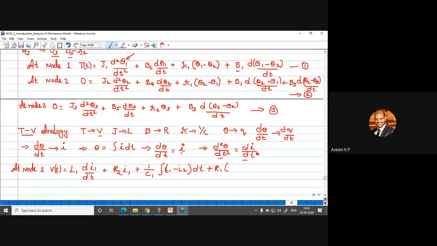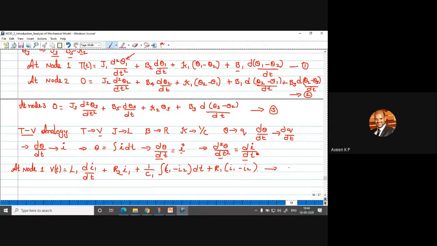Within the bracket, this will be I1 minus I2. That is the differentiation of theta 1 with respect to time, d theta by dt, which is I1 minus I2. So this will be the complete equation with respect to the torque-voltage analogy.